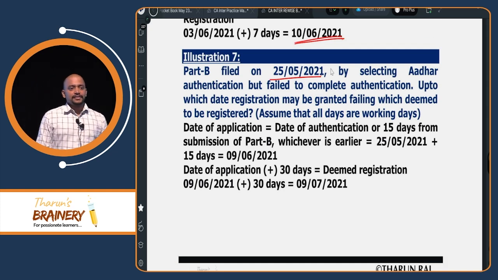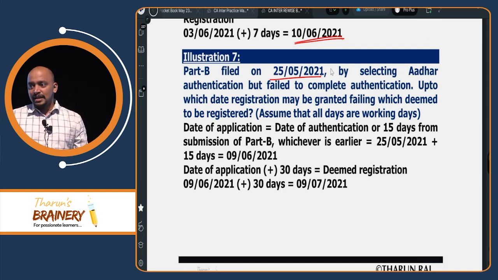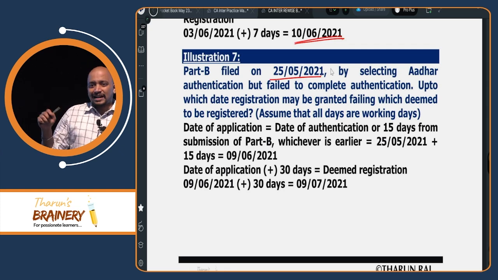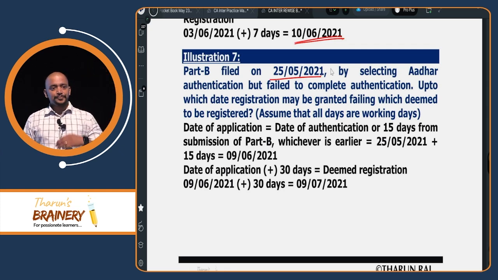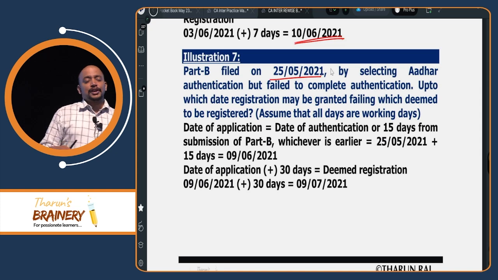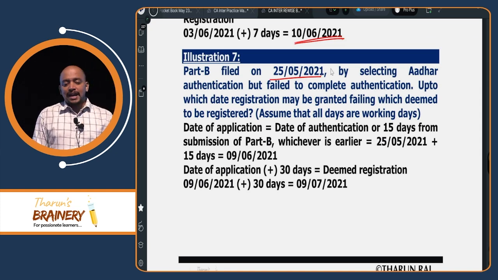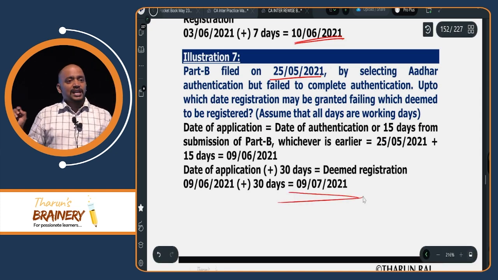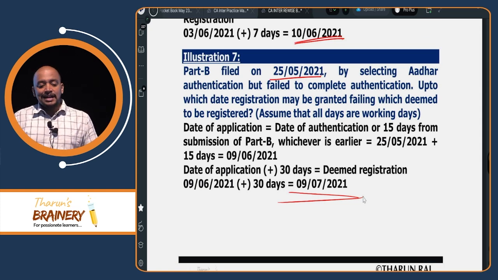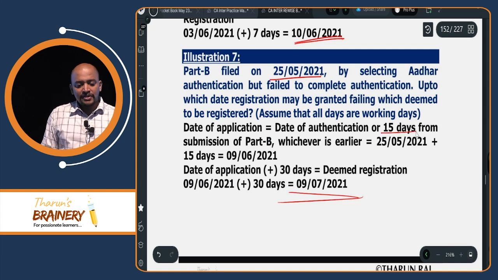So 25/5 in May 6 days and in June 30 days. So what is the balance? 9 days. So therefore 9th July. By 9th July, if they are not giving registration certificate, then it is deemed to be registered. Is it clear? First 15 days for completion of authentication. Next 30 days for registration.